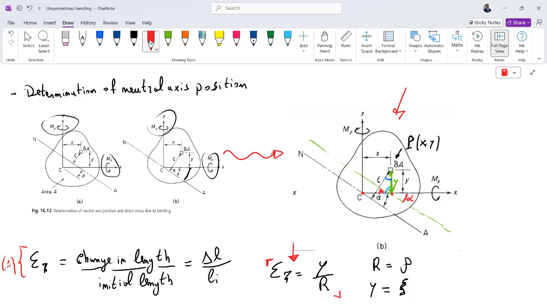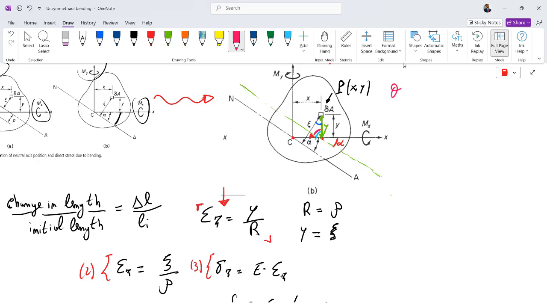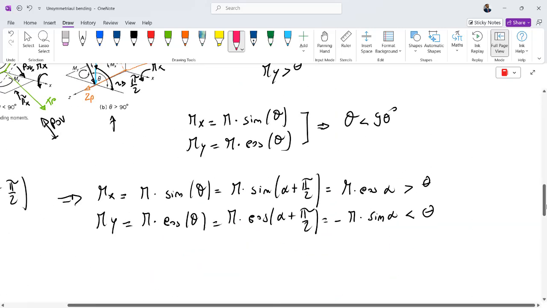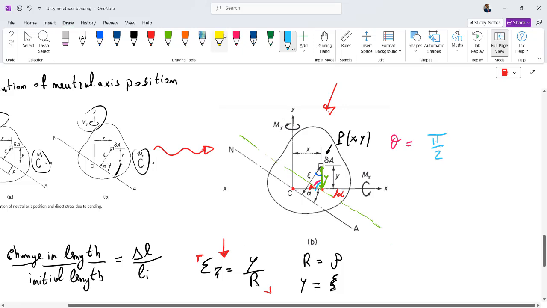So we can have that this angle, drawn in magenta, call it theta, is equal to 90 degrees minus alpha. Clearly this angle highlighted in green is 90 degrees.